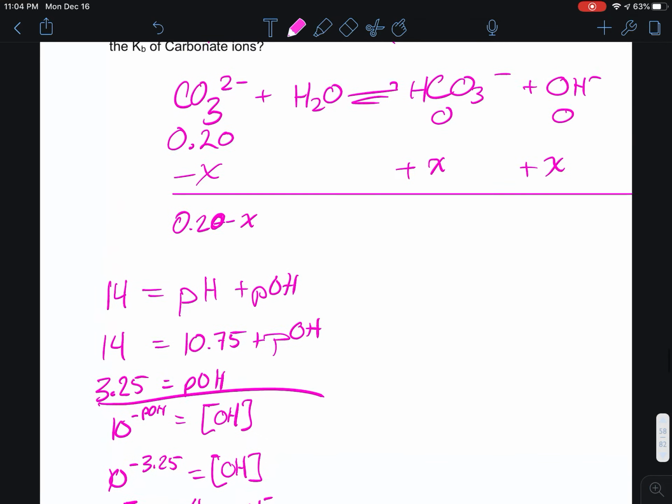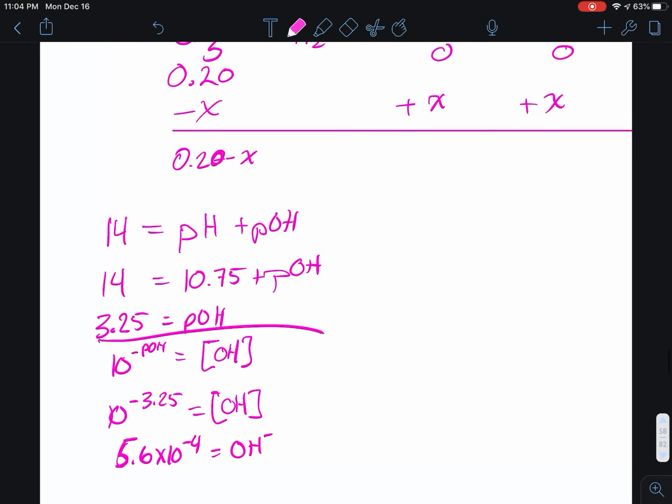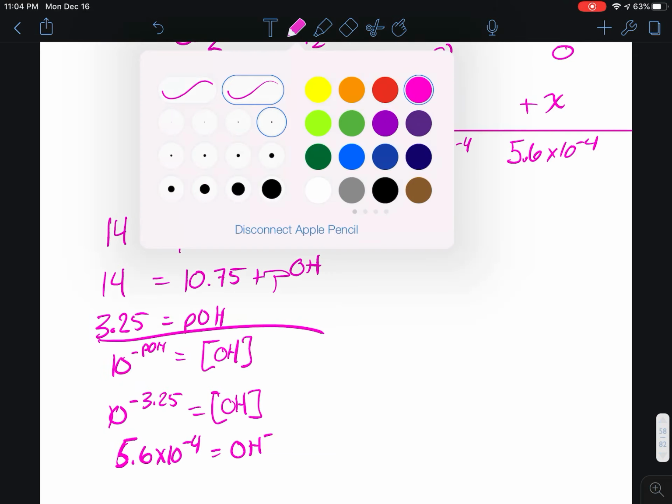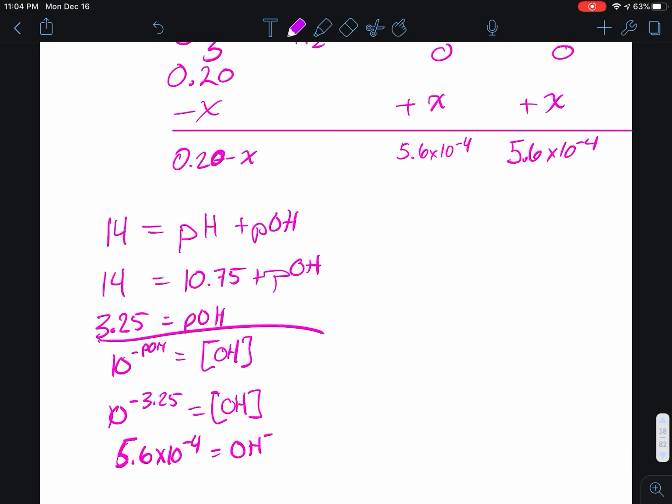That's a pretty significant amount of OH ions. And so that becomes the amount of OH ions. So that must be the equilibrium position of these OH ions. And that must be how many we get from this.